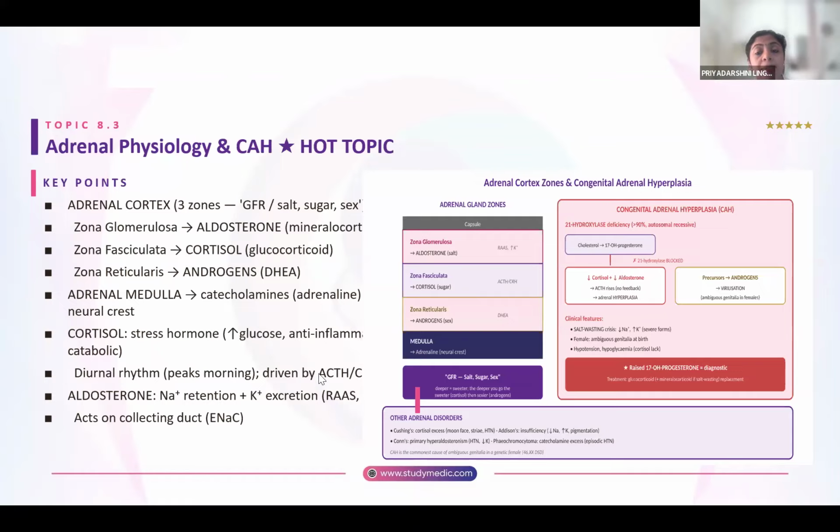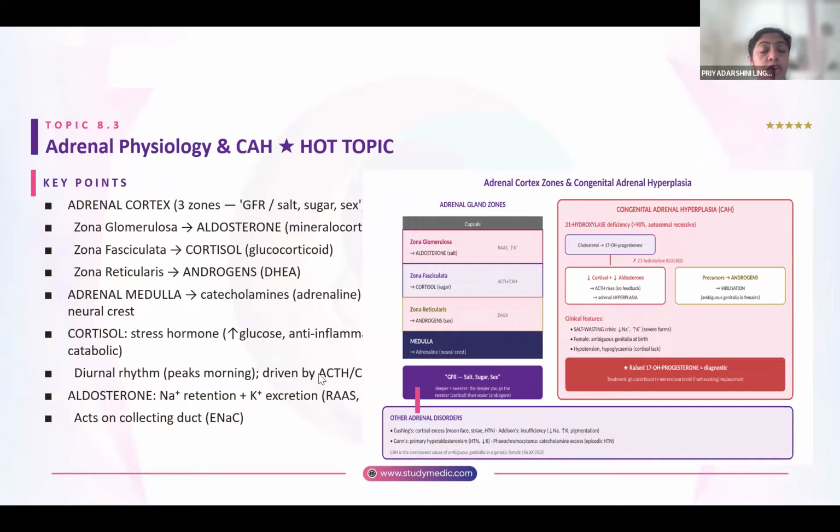So what happens? Cholesterol gets converted into 17-hydroxyprogesterone, and this 17-hydroxyprogesterone must get converted into cortisol. Because of the deficiency of this enzyme, there is accumulation of 17-hydroxyprogesterone, which serves as your diagnostic test for congenital adrenal hyperplasia.